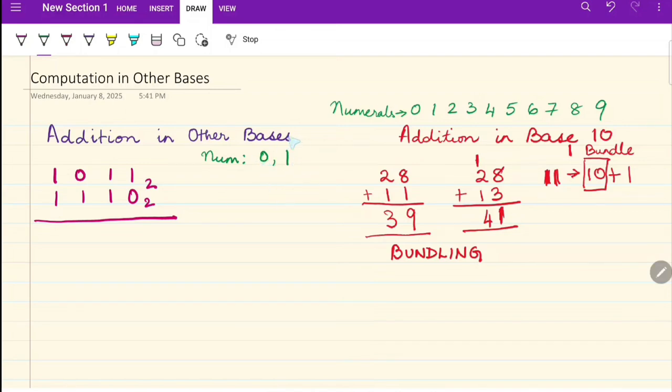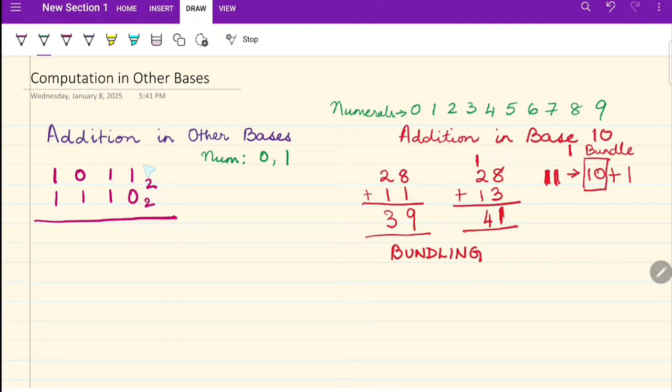We cannot have any other numeral when we do the addition. So keep that in mind. Any other numeral would not be legitimate. We have to only have a 0 and 1, and the final answer should be a combination of 1s and 0s. All right, so let's start with the addition process.